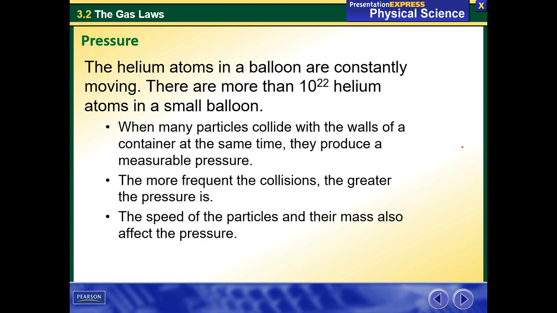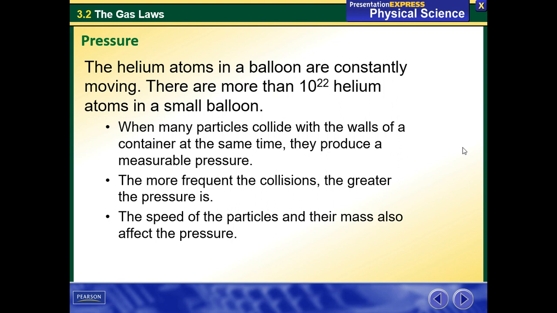Now we are going to look at pressure in terms of gases. We know that they constantly move. Helium is a gas that we learned about that's constantly moving within a balloon. There are more than 10 to the 22nd helium atoms in just a tiny balloon, which is thousands upon thousands of helium atoms. All of these particles or gas molecules are going to collide with each other and collide with the walls of that balloon, and they're going to create a pressure.